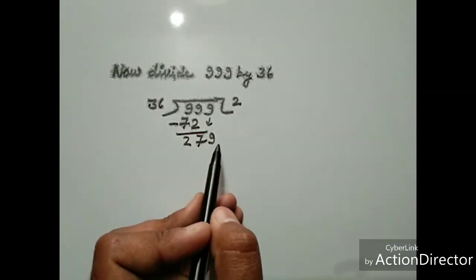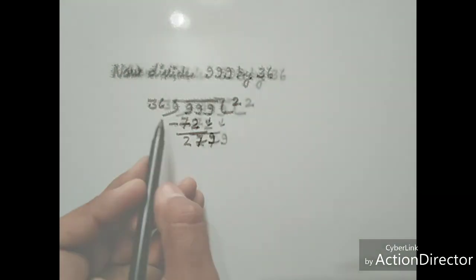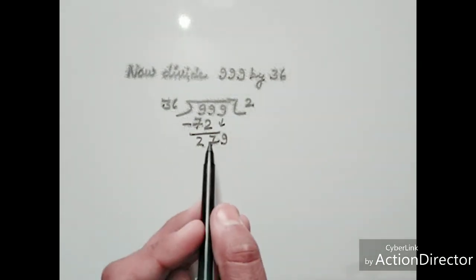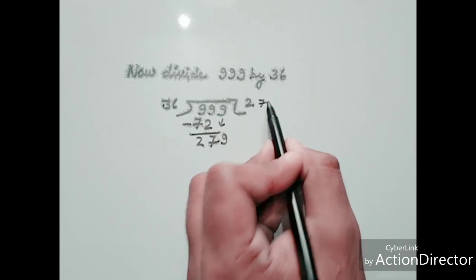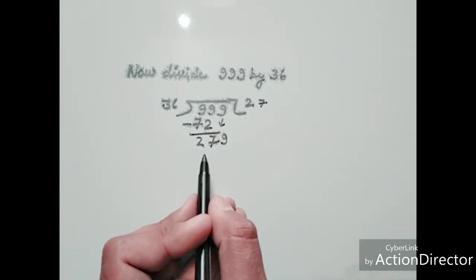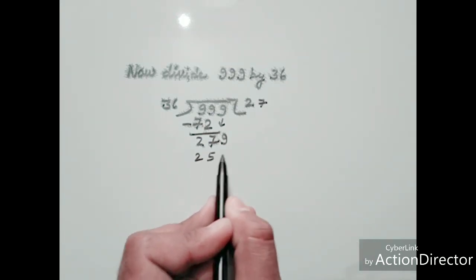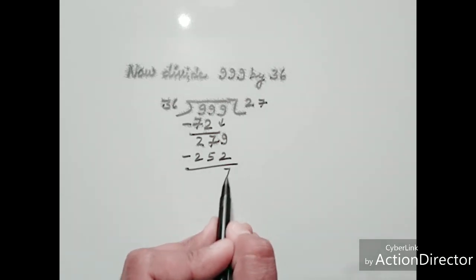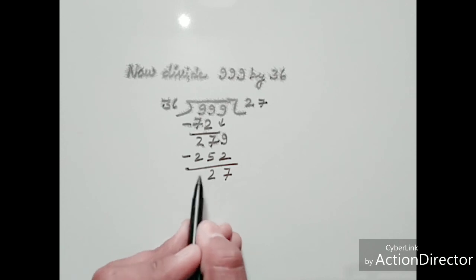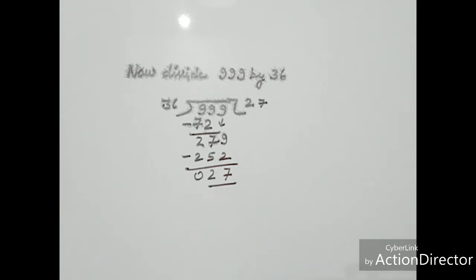Now we take 9 here. So now 36 divides 279 7 times, 252. 9 minus 2 is 7, 7 minus 5 is 2, and 0. So here we get remainder 27.